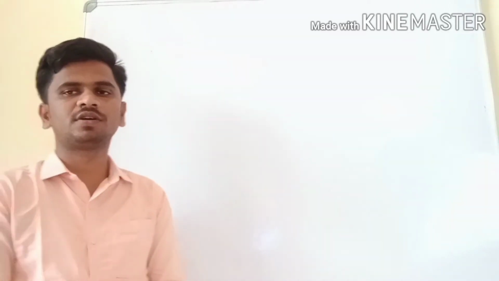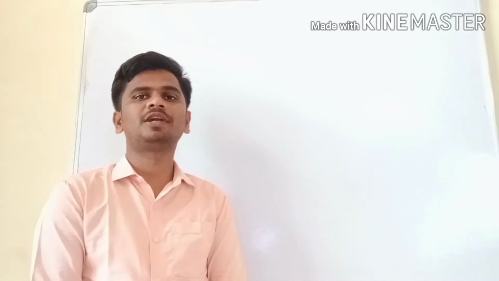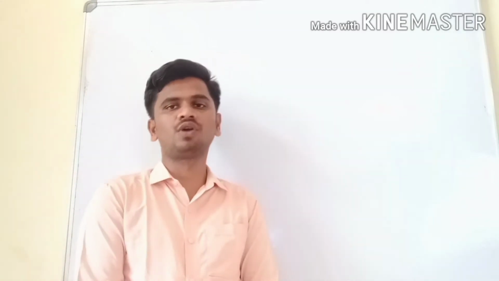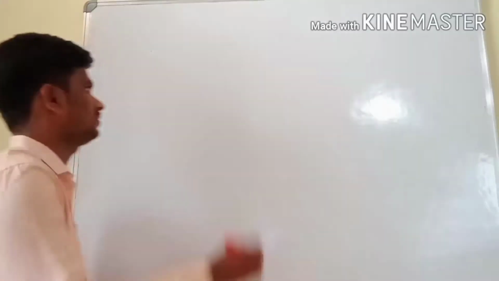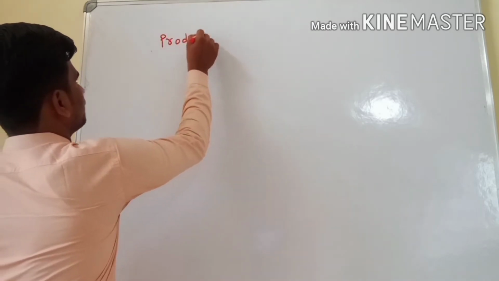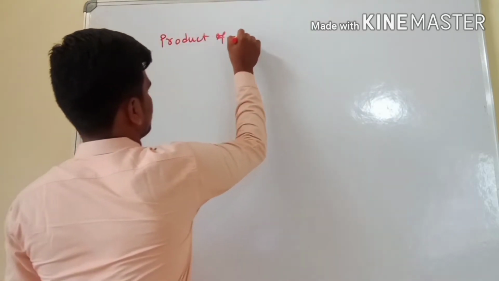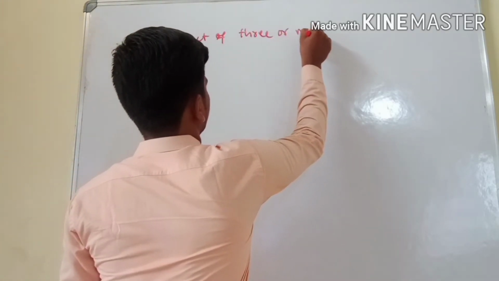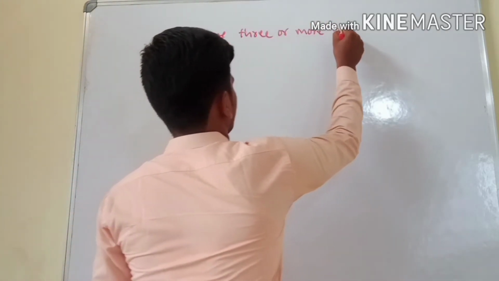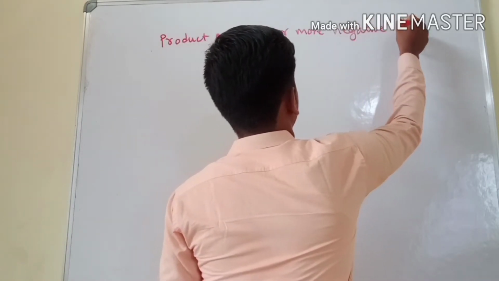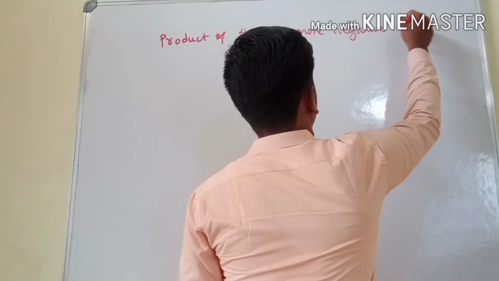Today we are going to discuss how to multiply the product of three or more negative integers.